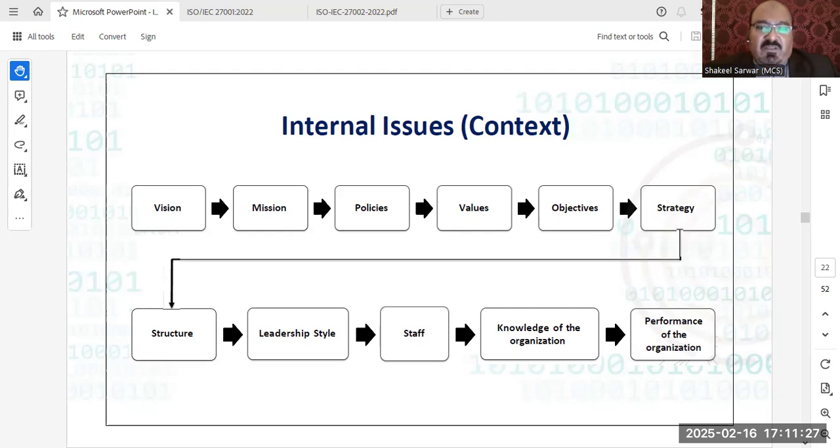Governance and leadership: the effectiveness of the management system, management support for information security, clear roles and responsibilities for security related tasks, as we discussed while conducting the exercise on the RASCI table, that if it is not prepared properly, obviously the roles are not defined, responsibilities are not defined properly. Existing policies and procedures: the strengths and weaknesses of current information security policies and frameworks, the gaps in documentation or inconsistent enforcement of security protocols.